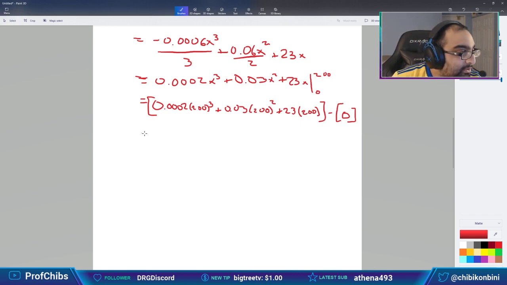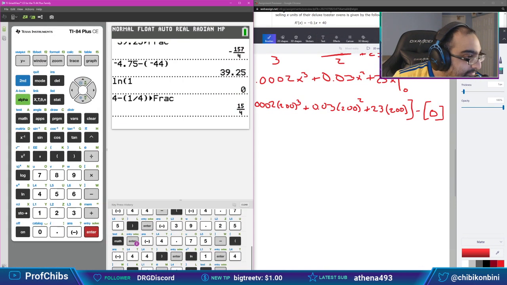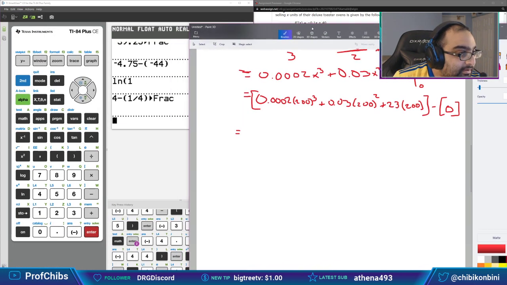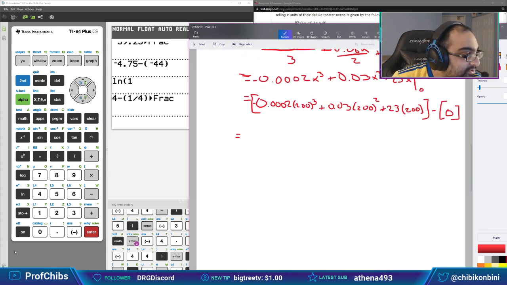So now we want to go ahead and plug this into the calculator and see what we get. We'll need to take one extra step after that. So let's take our calculator out again. Oh, I shouldn't forget the negative out here, by the way. It should be negative. So let's plug it in.